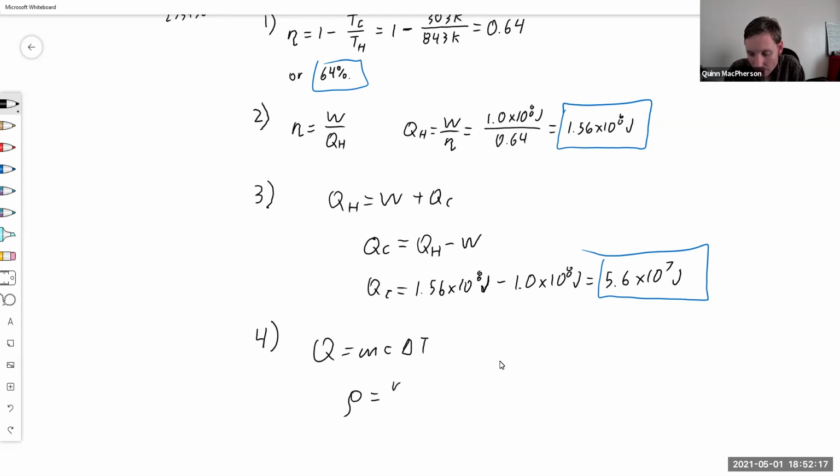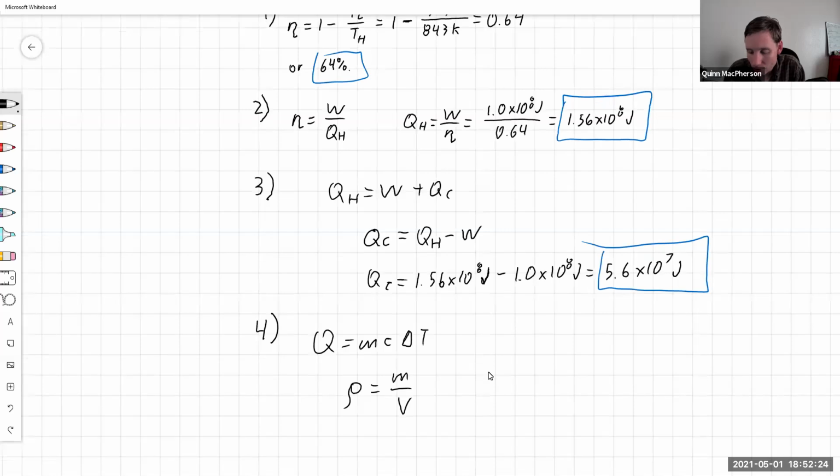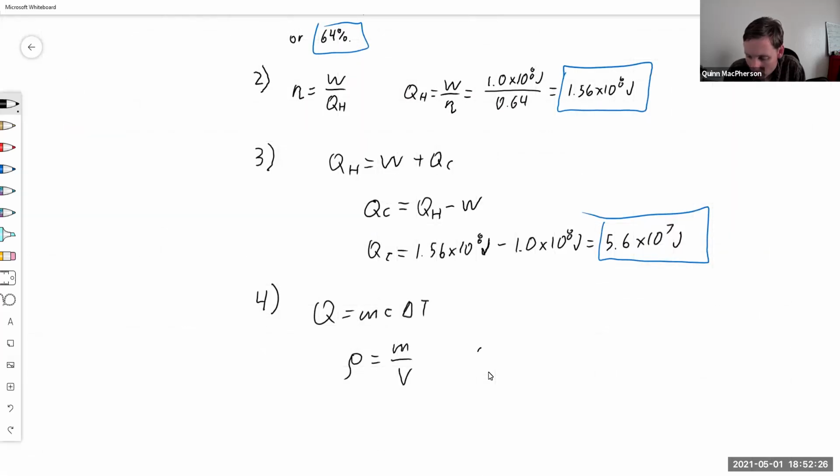Density is mass over volume. We can replace mass, so we get Q is equal to rho V c delta T. We know the heat, this is Q cold.